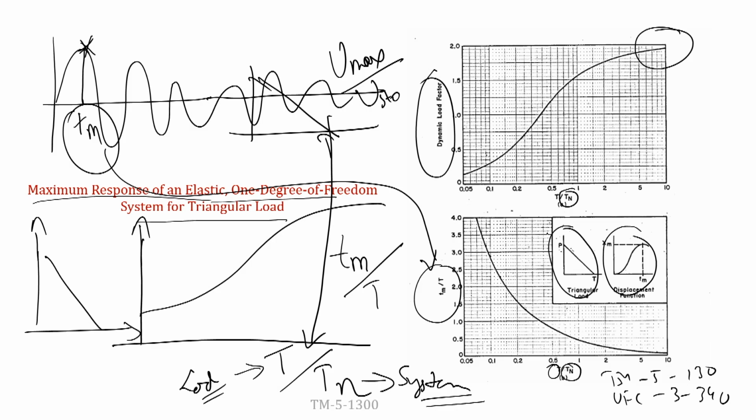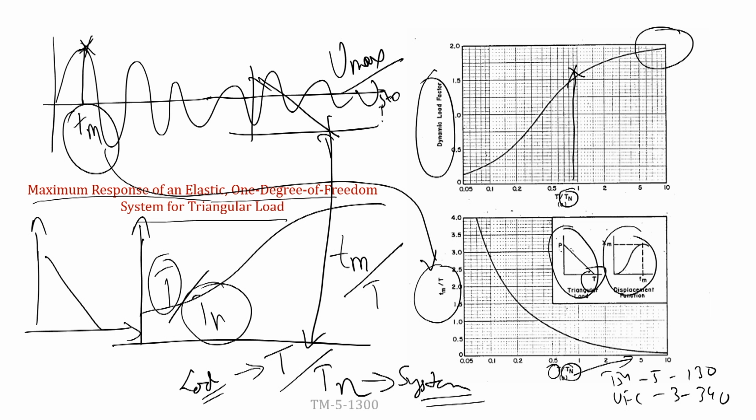So, for any given loading condition and any given system, we can calculate the value of T divided by Tn, the ratio of the loading duration and the period of the system, and from there we can calculate Umax divided by UST.